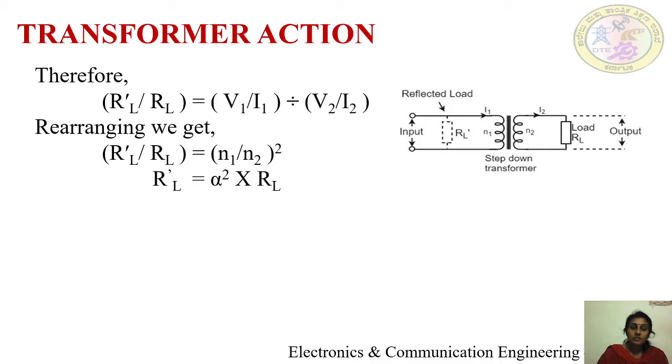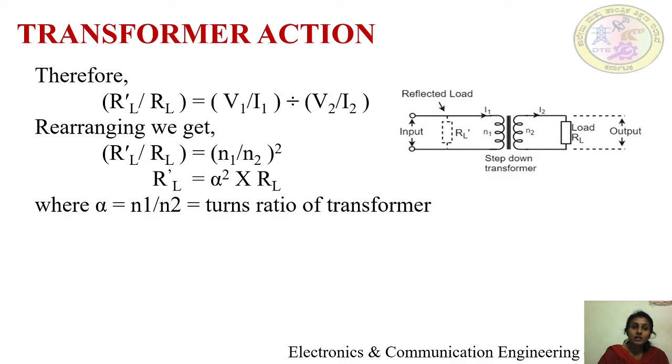Upon cross multiplying, we get RL dash is equal to alpha square into RL, where alpha is equal to N1 by N2, that is the turns ratio of the transformer.